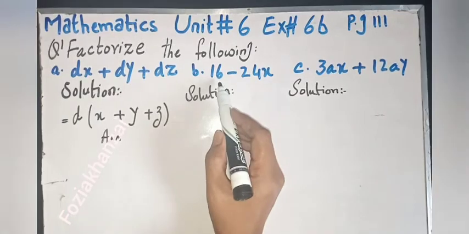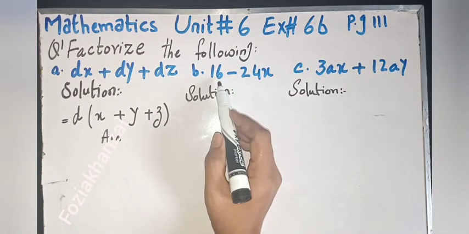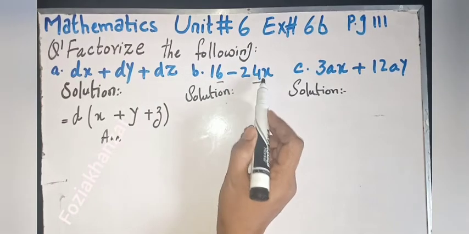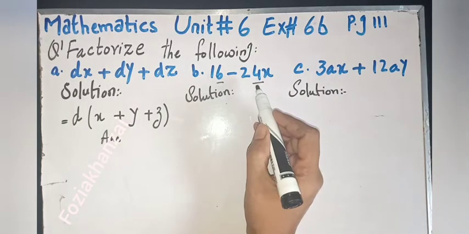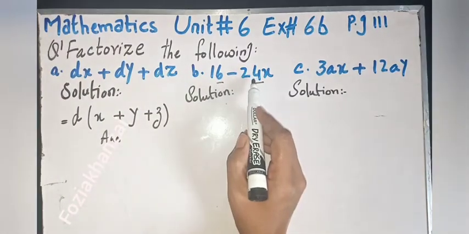Now second part, 16 minus 24x is given. In this part we have two terms. In 16 and 24, the common number is 8. 8 ones are 8, 8 twos are 16, 8 fours are 32. 8 ones are 8, 8 twos are 16, 8 threes are 24.